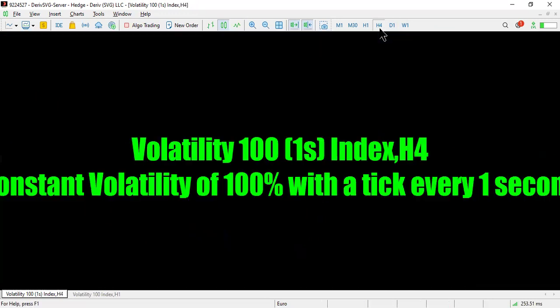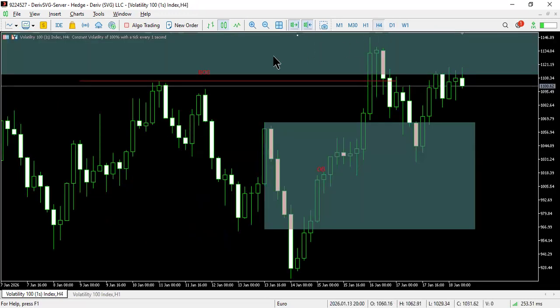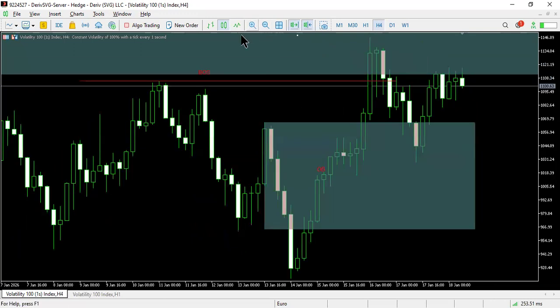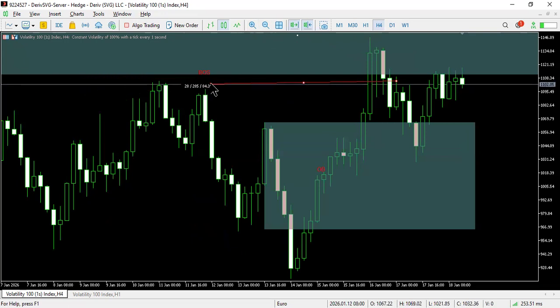And then if we go to the 4 hours, from the 4 hours time frame, we can adjust our order block to the 4 hours time frame. We can adjust our break of structure. So that was the last break of structure before price stepped into that supply zone.